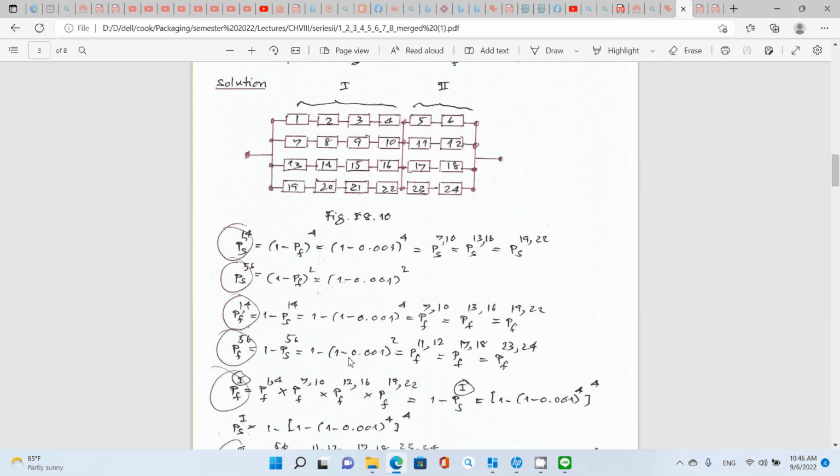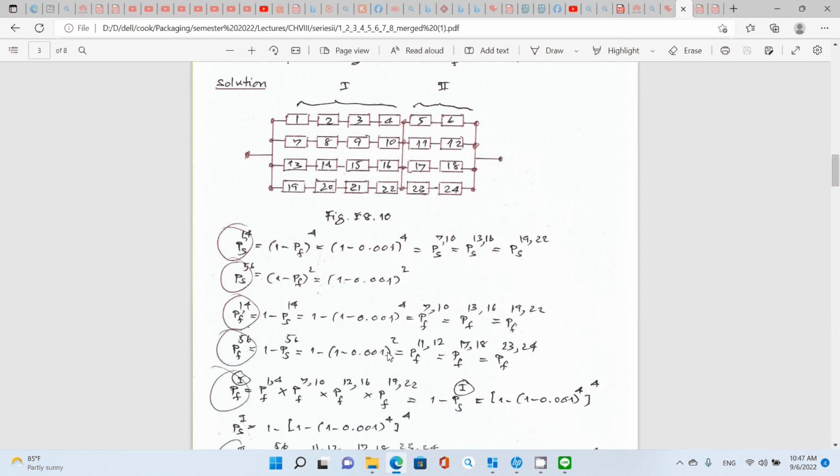I should put this as the PS of 5 and 6 because they are in series. So PF of 5 and 6 becomes 1 minus PS, and PS equals 1 minus PF, with PF given as 0.001.